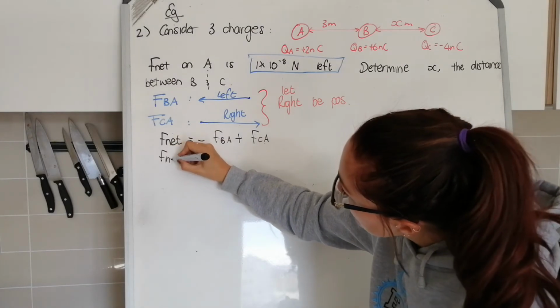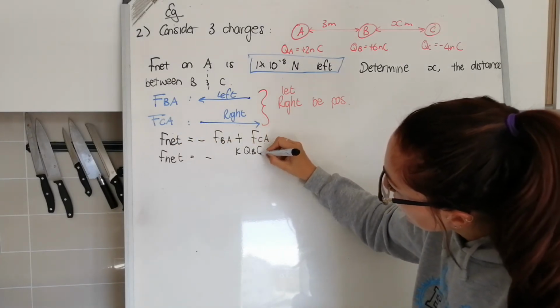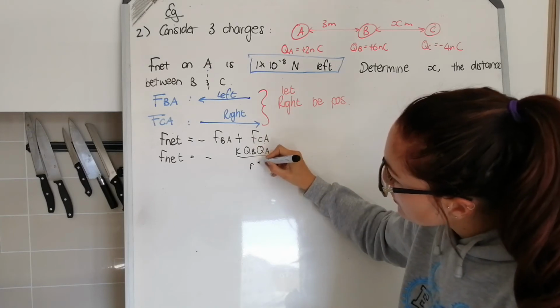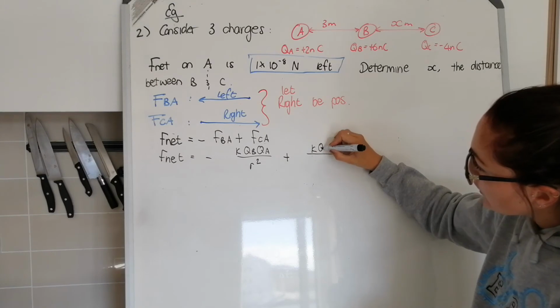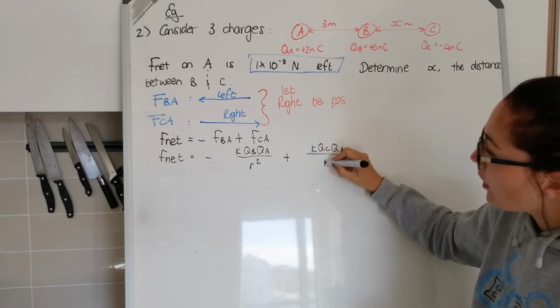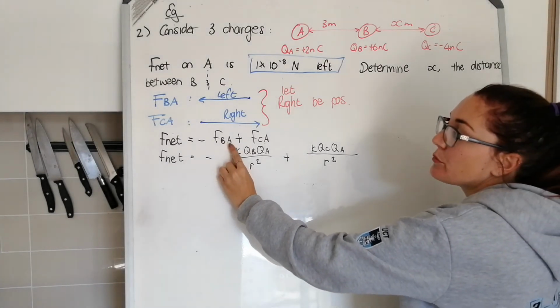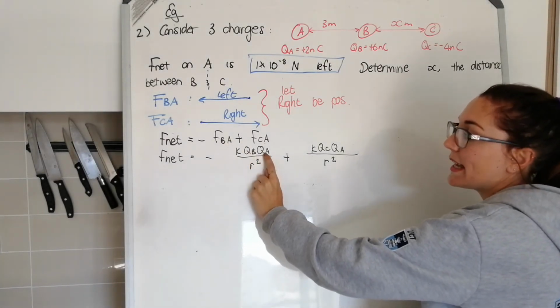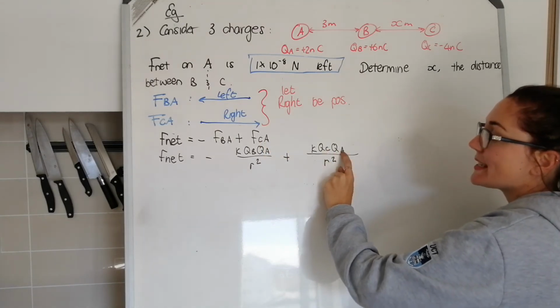So F net equals negative K QB QA over R squared plus K QC QA over R squared. Okay, so we just expand. Because it's the force of B on A, we use the charges of B and A. Because this is the force of C on A, we use the charges of C and A.